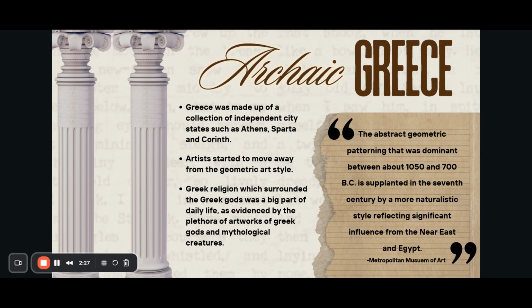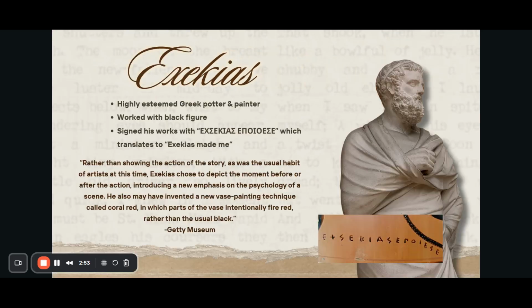And the quote I have here says, "The abstract geometric patterning that was dominant between about 1050 and 700 BC is supplanted in the 7th century by a more naturalistic style reflecting significant influence from the Near East and Egypt." And this is, of course, talking about Greece and Greek art. This is from the Metropolitan Museum of Art.